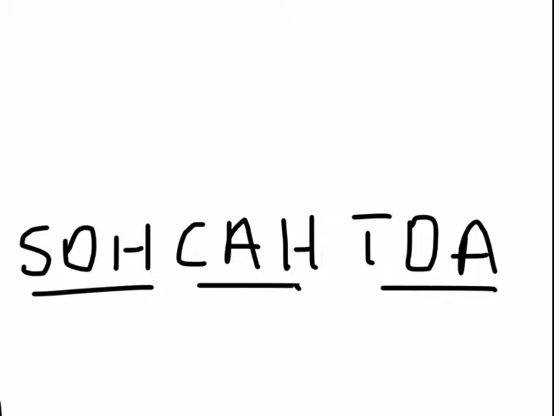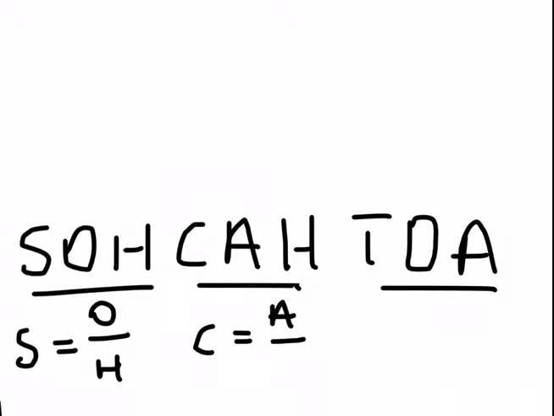So the S stands for sine, which means sine is the ratio of O over H, opposite over hypotenuse. And then C is the ratio of A, adjacent, over H, hypotenuse. And then T is the ratio of O, opposite, over A, adjacent.